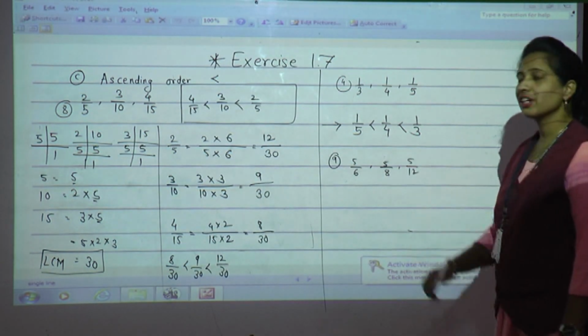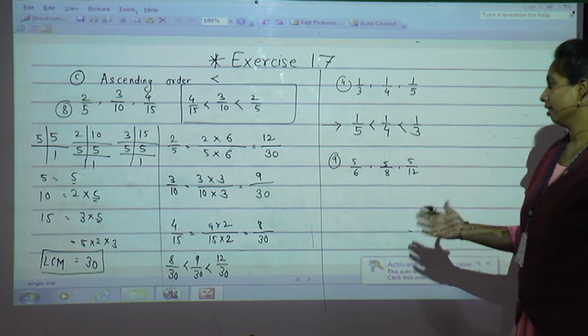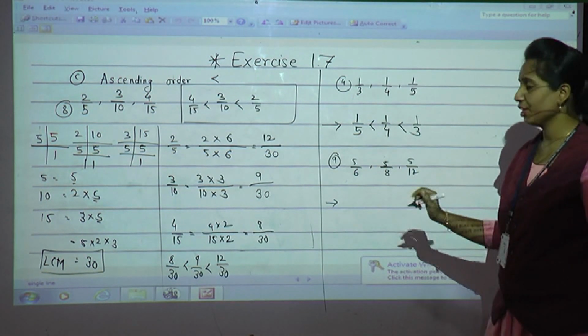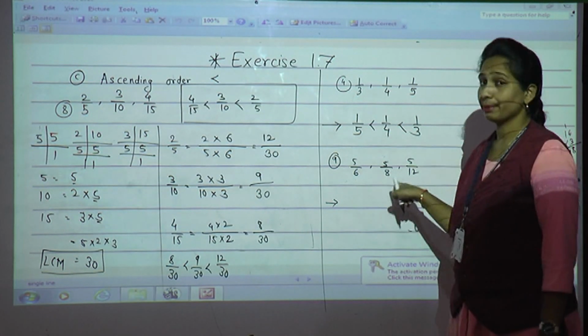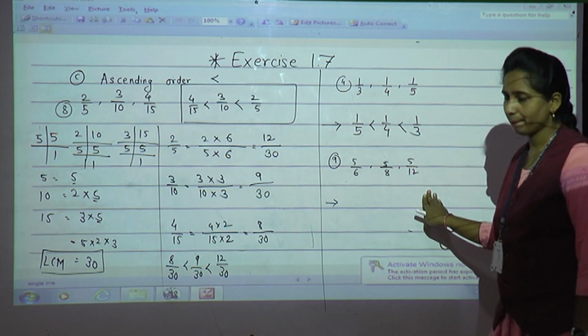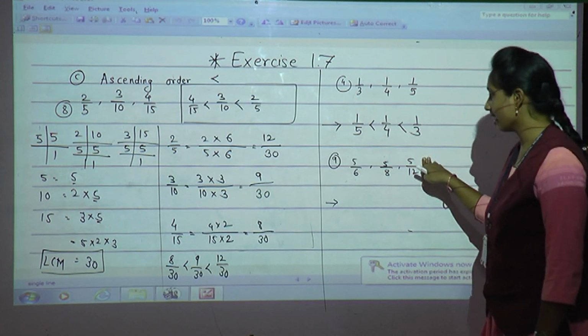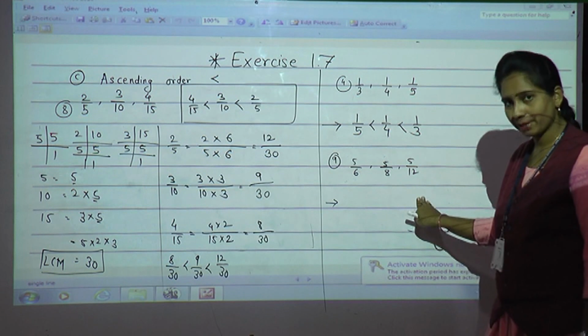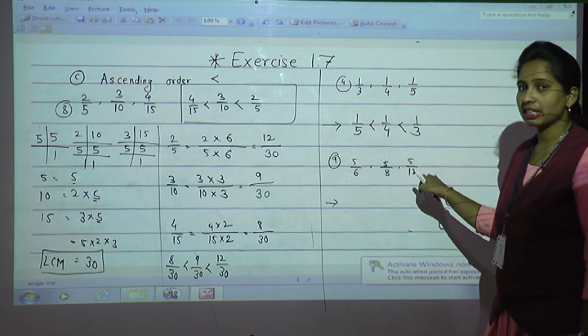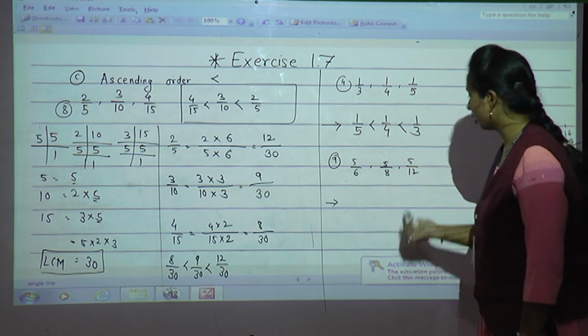Because the numerators are the same. So when the numerators are the same, we need to compare the denominators. In ascending order, while arranging the fractions, when the numerators are the same, you have to compare the denominators, and the one with the greater denominator will be the smaller fraction.